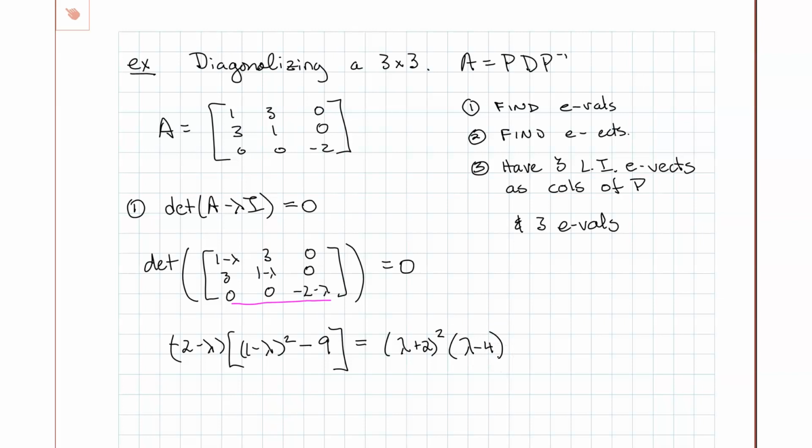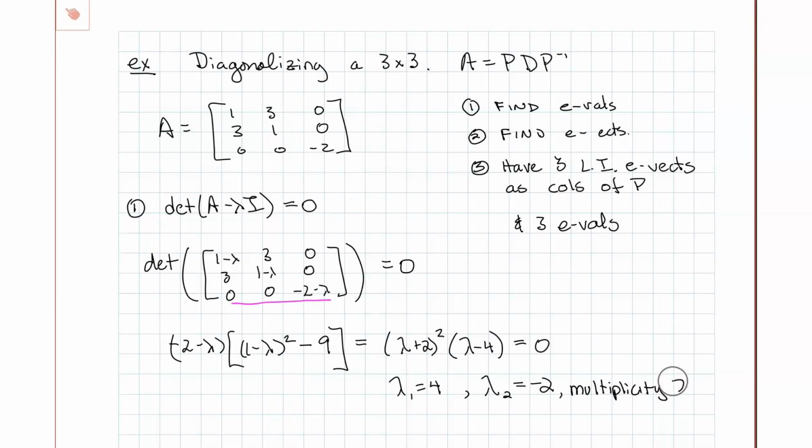Even though it's a cubic polynomial, it's not a hard one to factor. So we're setting this equal to 0, so that means we have 2 distinct eigenvalues. I'll call lambda 1 equal to 4, and then we have lambda 2 is negative 2, but it occurs repeatedly. There are 2 factors of that characteristic polynomial that have root negative 2. So I'll just denote that by writing multiplicity 2.